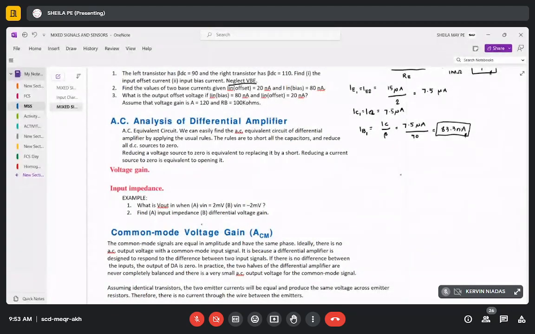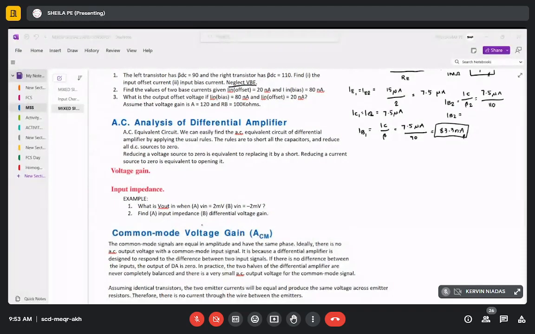We need to get our IB2. For our IB2, we have IC divided by beta 2, 7.5 microamperes divided by beta 2, 110, which is 68.2 nanoamperes.